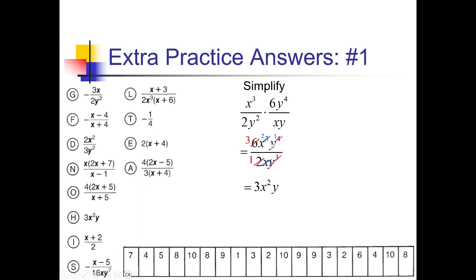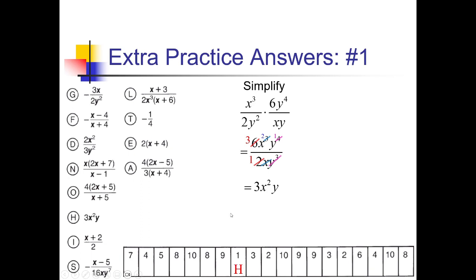And in the denominator, I have a whole bunch of nothing. I crossed off everything, which means I still have an invisible 1 down there, although I wrote the 1 here anyway. So let me see if I can find that in my answers. It looks like it actually is H. I didn't even know I was picking the right answer for my example of how to do the puzzle. So we will actually put an H under spot number 1.